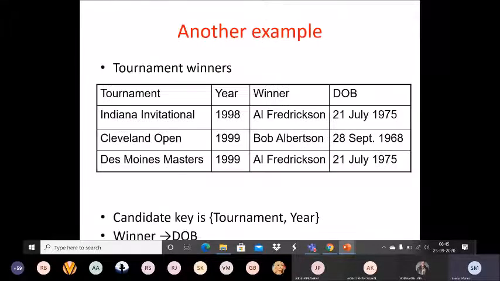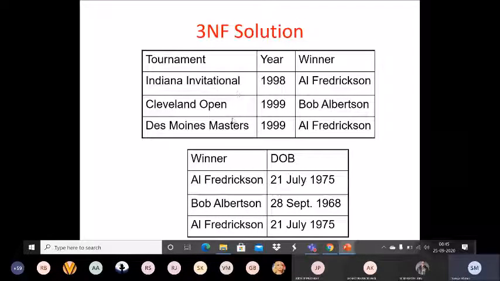So can you tell whether this table is in BCNF? Yes, the first table is in BCNF. Why? Tournament and year are the candidate key and both together determine the winner.